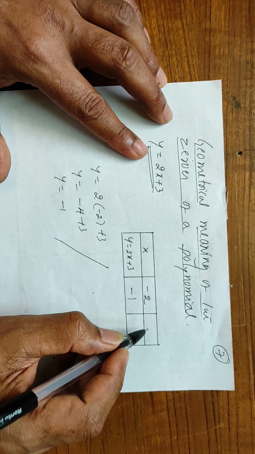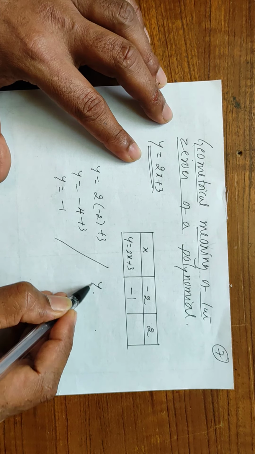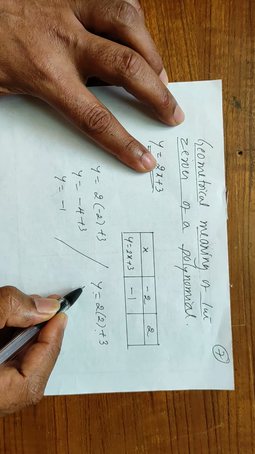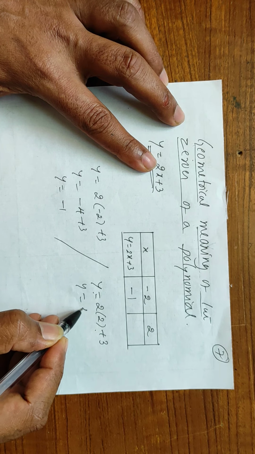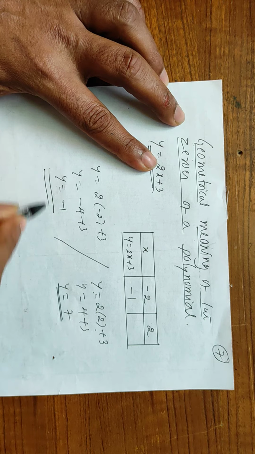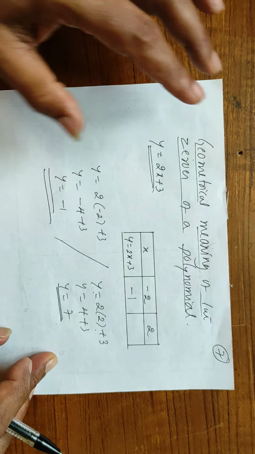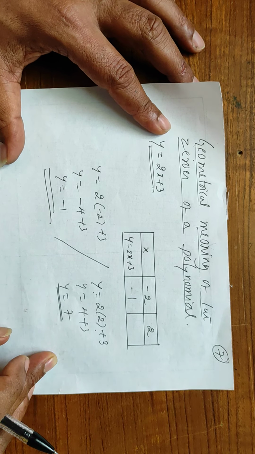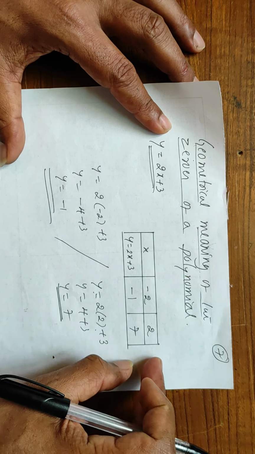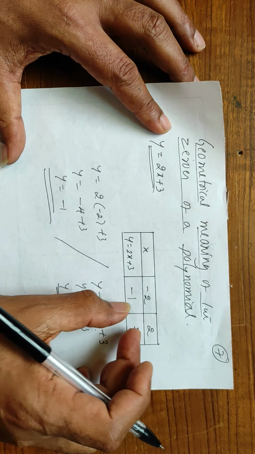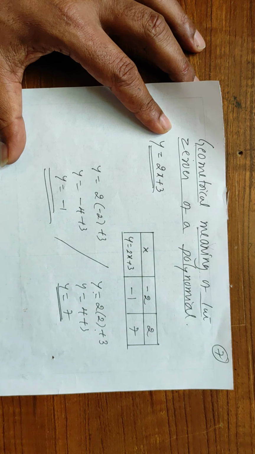When x equals 2, y equals 2 into 2 plus 3, y equals 4 plus 3, y equals 7. 2 points on a plane determine a line. If you want you can do more, but only 2 values are enough.